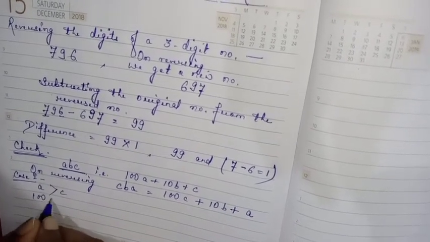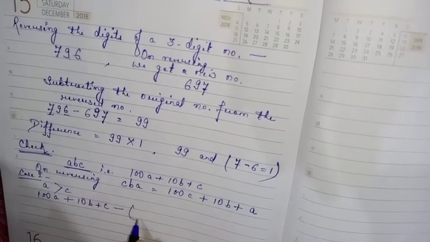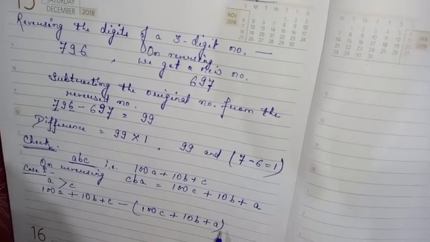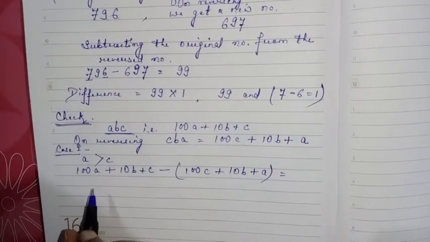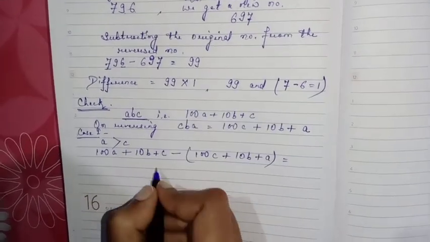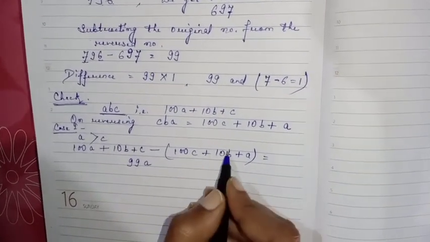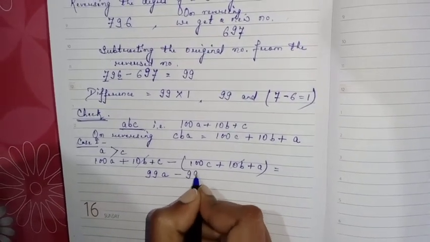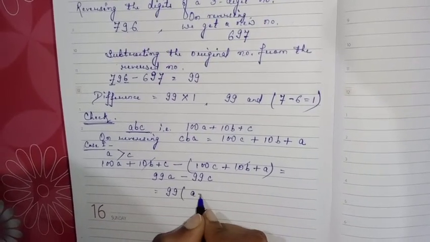Let's see. 100A plus 10B plus C minus 100C plus 10B plus A. You see 100A minus A, that is 99A. Then plus 10B minus 10B will be cancelled. Plus C minus 100C, that is minus 99C. If you take 99 common, you will get 99 times A minus C.